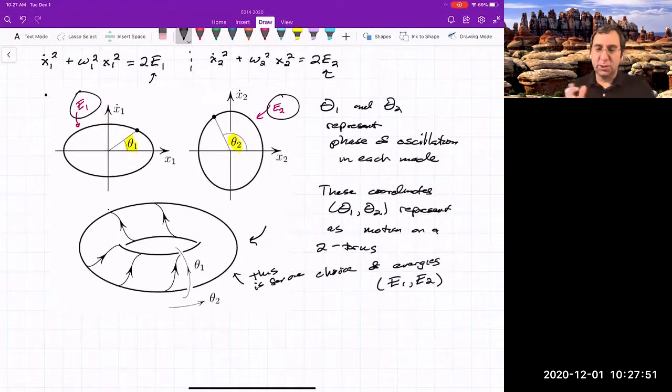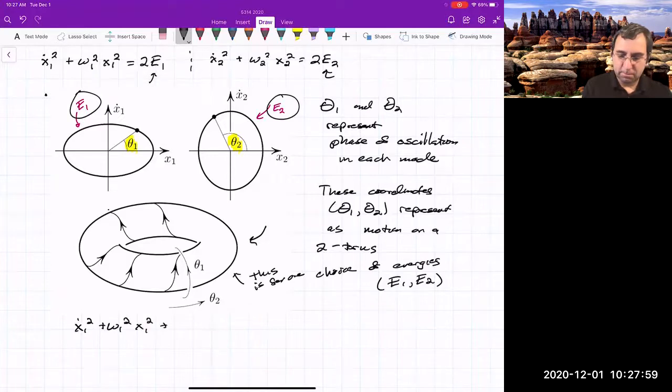The two energies are separately conserved, but of course they're both conserved in the system. The total energy of the addition of these two is also conserved.